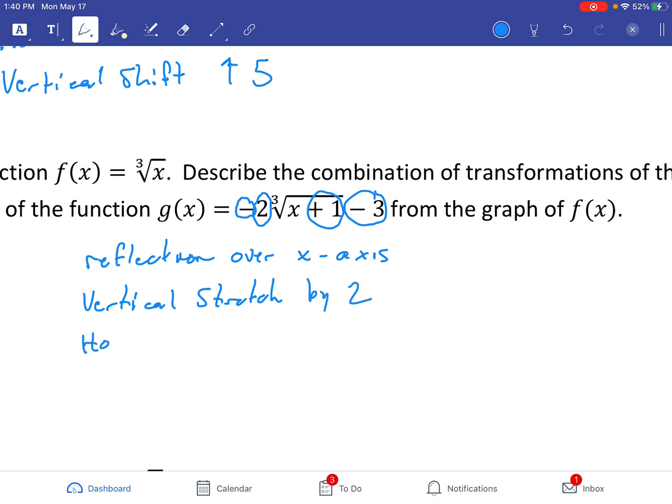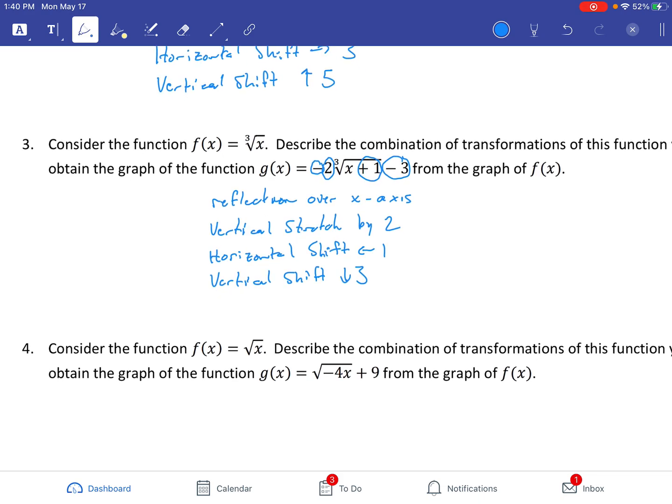The plus 1 is a horizontal shift to the left by 1. And lastly, the negative 3 is a vertical shift going down by 3. Those are the 4 transformations.